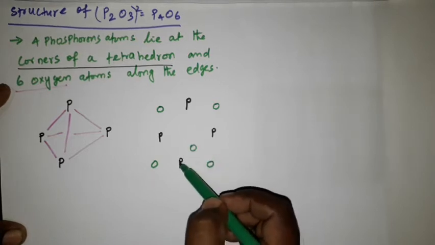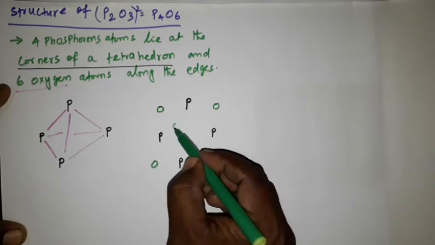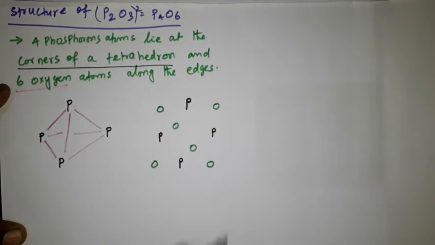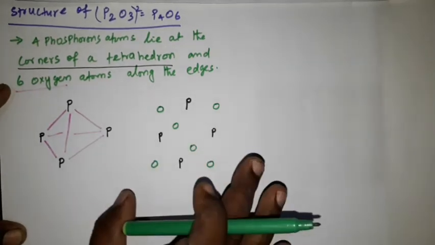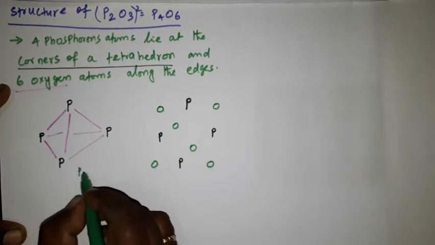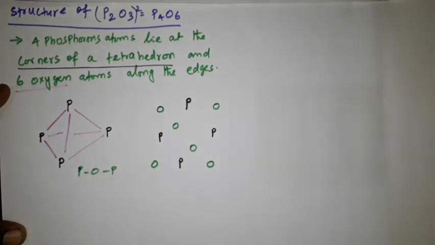Now look at this phosphorus atom, this phosphorus atom. I am going to draw oxygen atoms here. Now 6 oxygen atoms, see here, I placed here. Now make a link, a phosphorus-oxygen-phosphorus link.